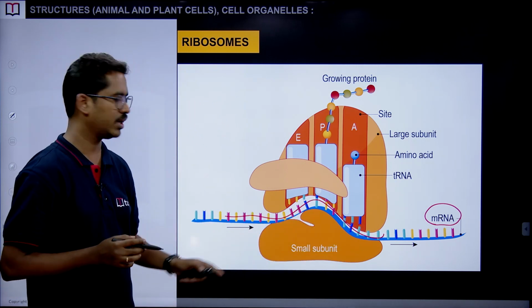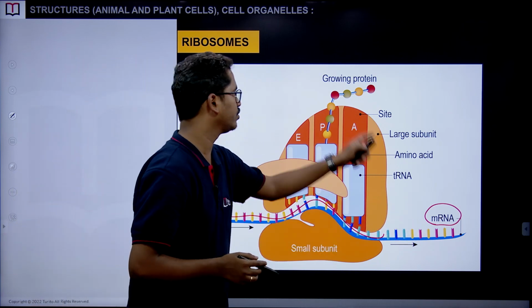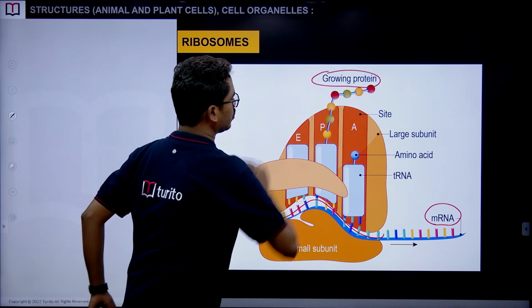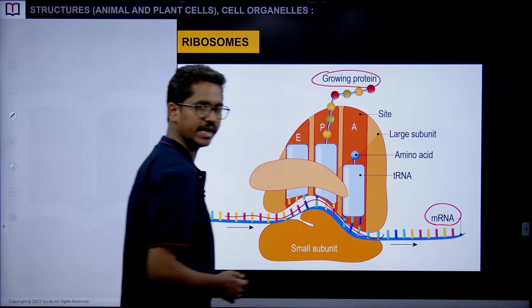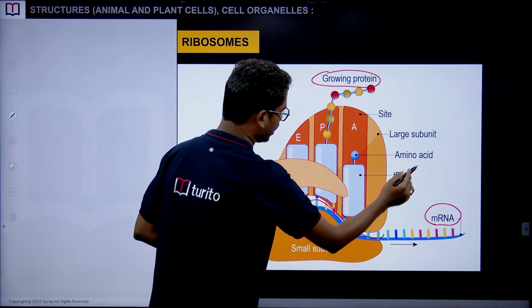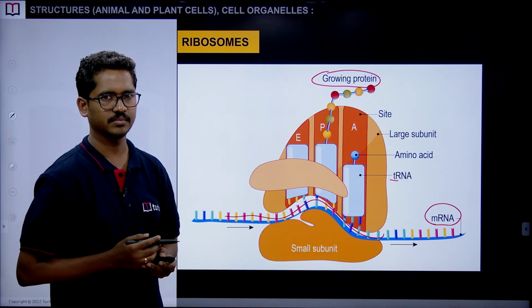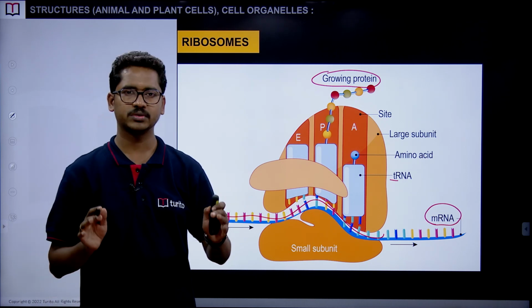So, that is the reason why they have no membrane, and using this they try to make protein. That is what you see, there is a growing protein over here. By the way, mRNA stands for messenger RNA, tRNA stands for transfer RNA. So, hope you understood this session.